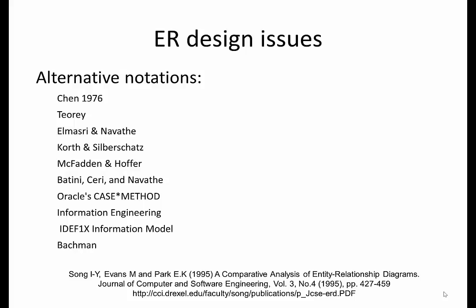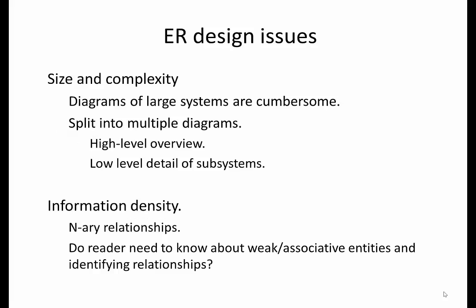So often you just see the table name at the top of a box, and then the fields listed in the box, and that's far more space efficient than all these lollipop bulbs. So there are lots of different notations. You might see diagrams drawn in lots of different notations.